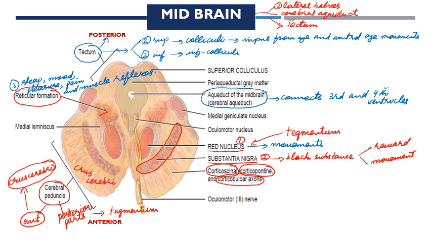Some of the axons of the superior colliculus form the third and fourth cranial nerve.